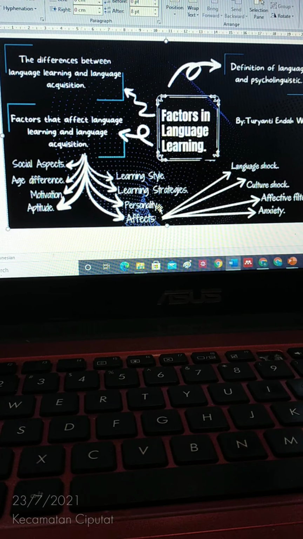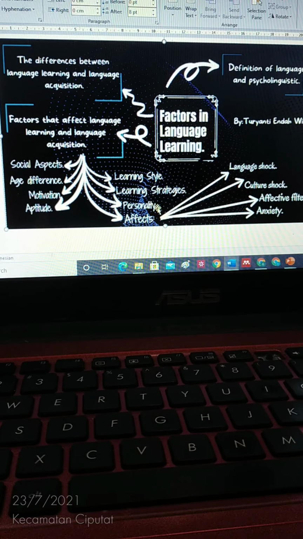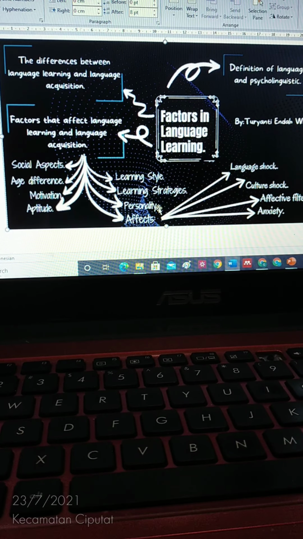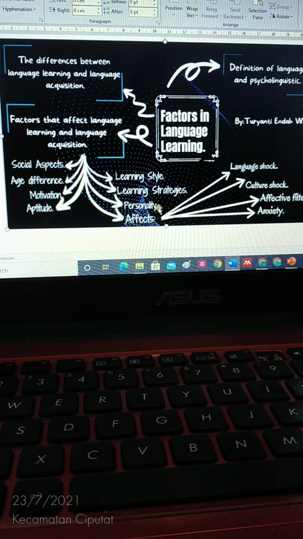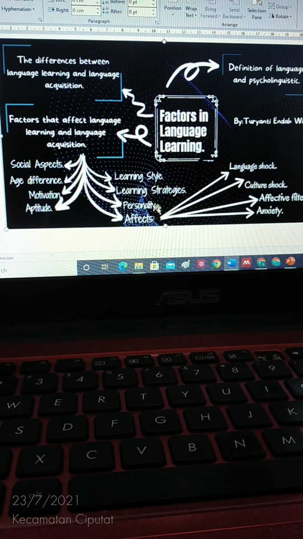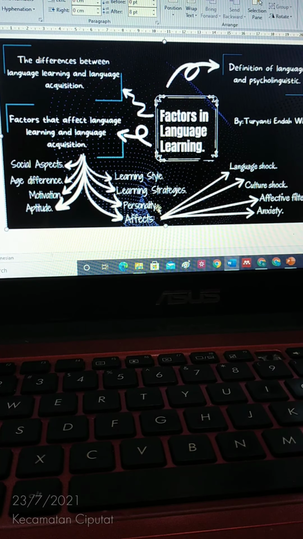Anxiety is another important aspect of personality that affects learning a foreign language. Brown, 1994, describes anxiety as a state of mind connected with feelings of uneasiness, frustration, self-doubt, and worry. Empathy and extroversion: the other aspect of personality that has been studied is empathy.